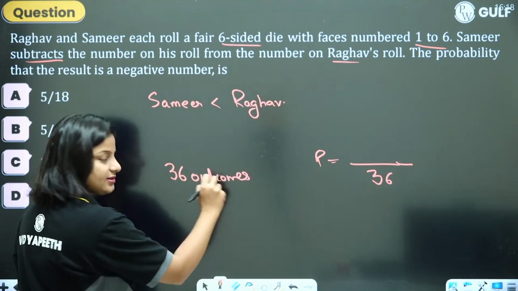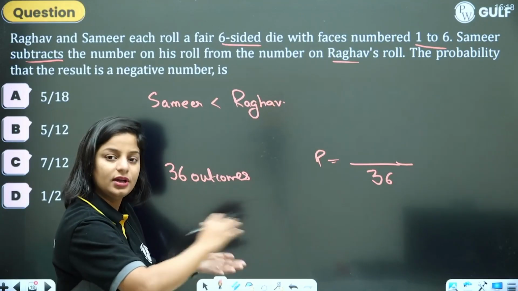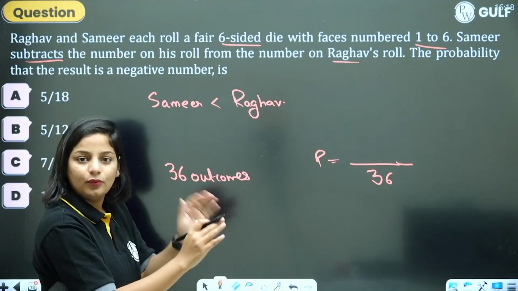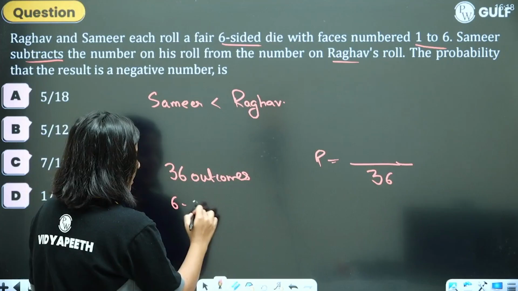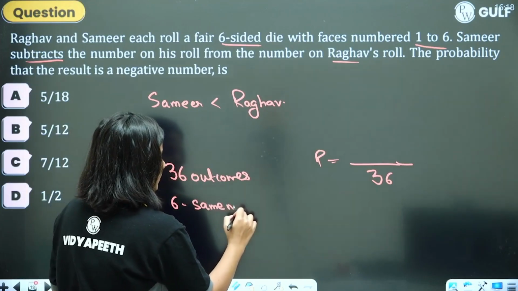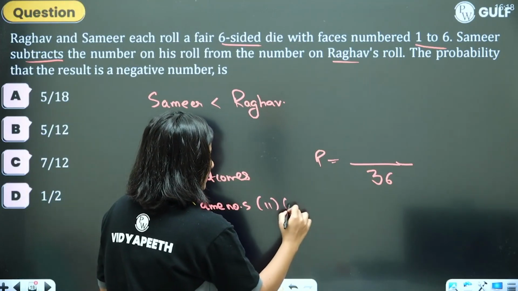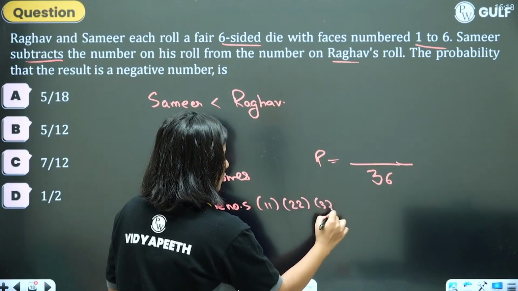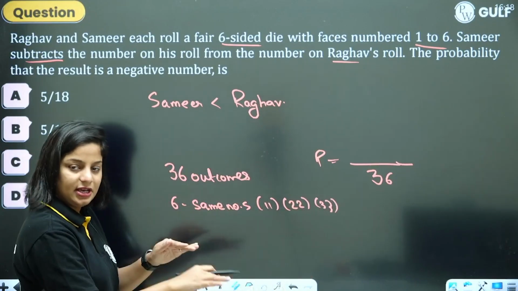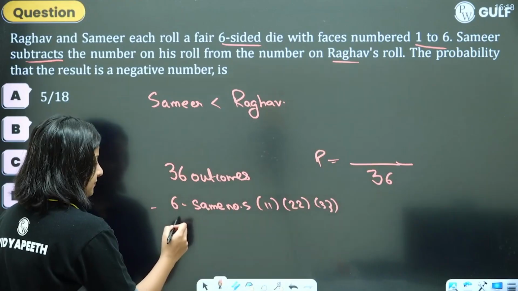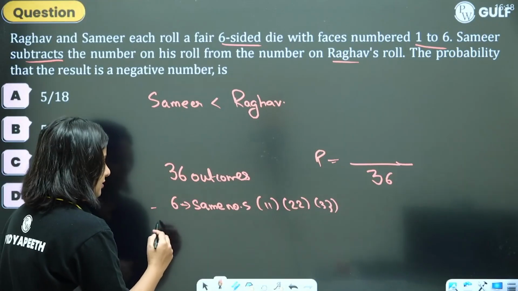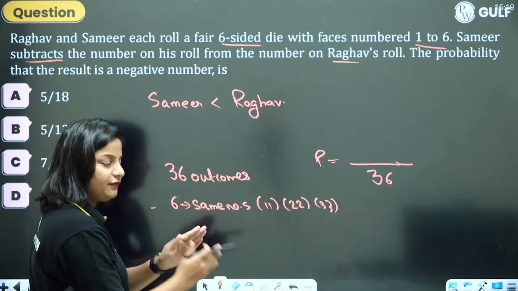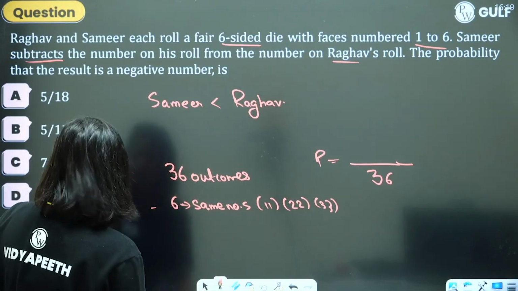36 pairs, 1 1, 2 2, 1 3, 1 4, 6 are same. 6 are same numbers, like your 1 1, 2 2, 3 3 and so on. 6 pairs are equal, so remove that. And remaining 30, 15 will be greater, 15 will be smaller.